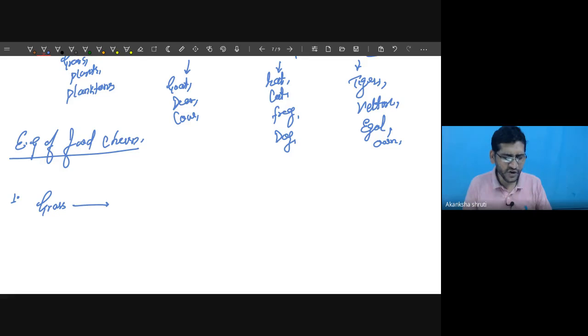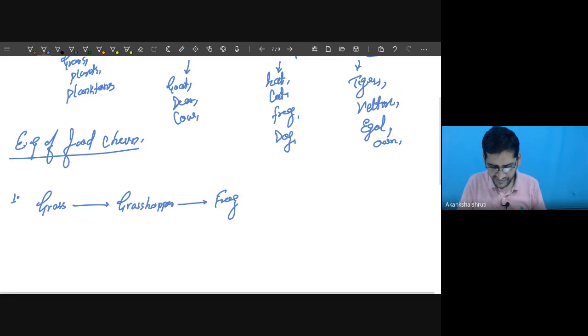It can be taken by whom? Let us take the grasshopper. This can be taken by whom? May be taken by the frog. The frog may be taken by a snake. May be taken by vulture or eagle basically.